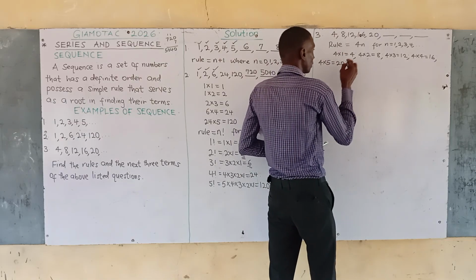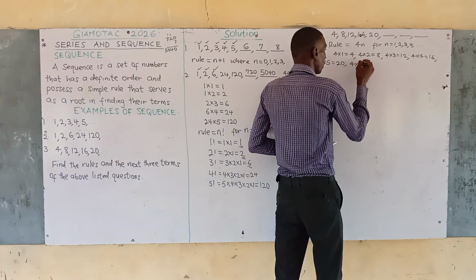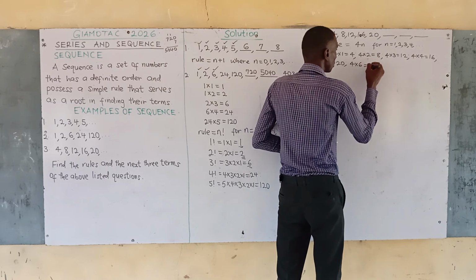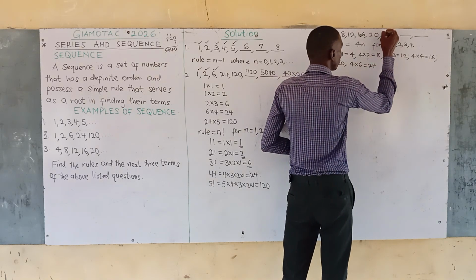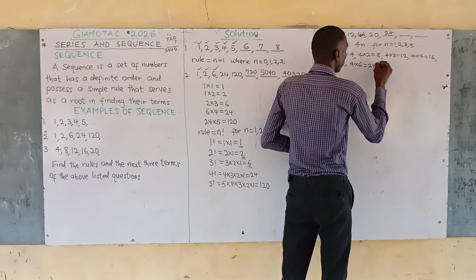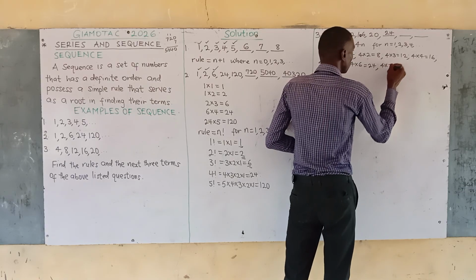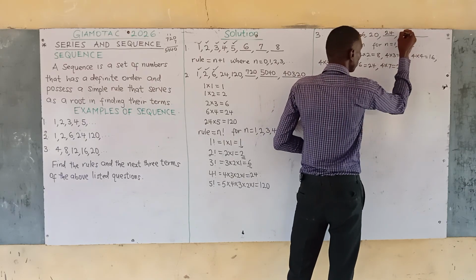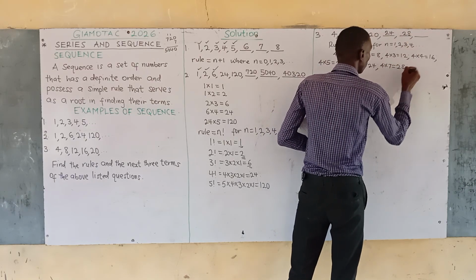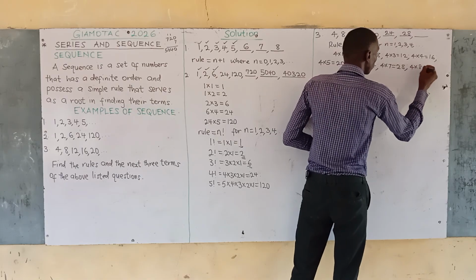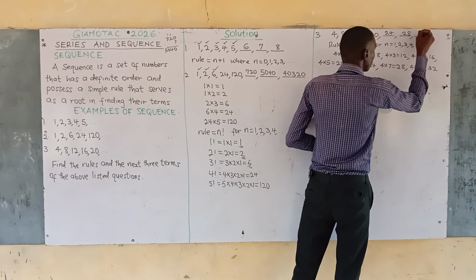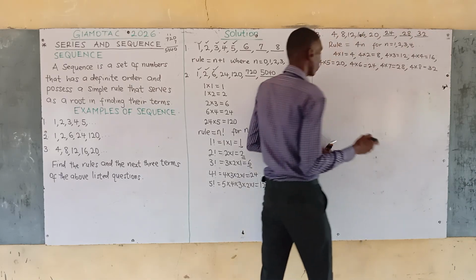And that's how you continue. Meaning that 4 times 6 is going to give us 24. 4 times 7 is going to give us 28. While 4 times 8 is going to give us 32.